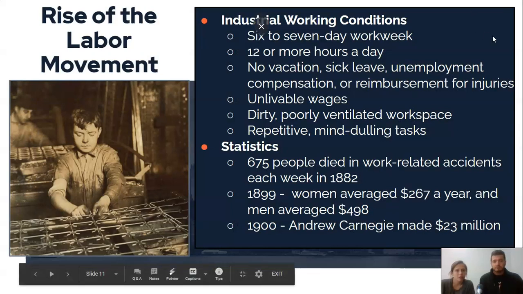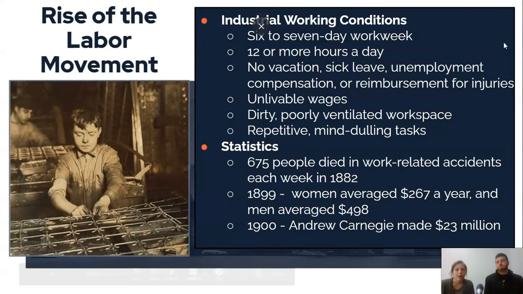All right, so let's talk a little bit about working conditions. Going back to social Darwinism, these are for the people on the not so favorable end of that, right? People would work 6 to 7 day work weeks, 12 or more hours a day, especially after we get electricity, because then you can work as long as you want since there's light.